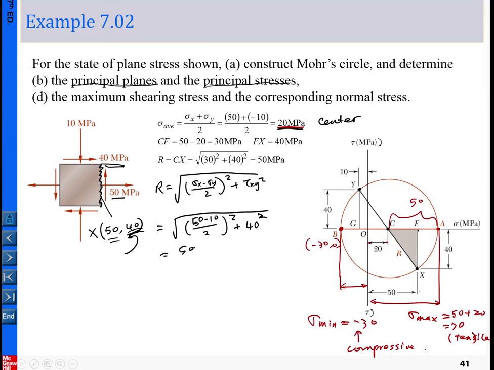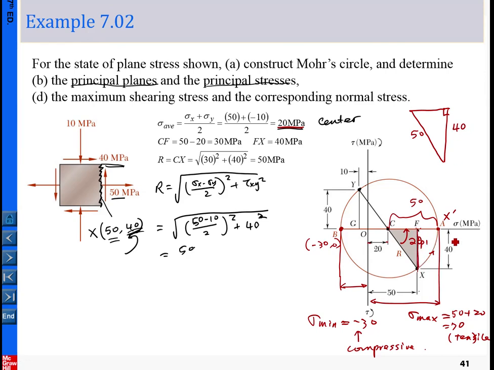And for the orientations, you can simply pick one direction. For example, you pick this direction, so x moves to x prime. Let me call this 2 theta p1. 2 theta p1 can be determined from the shaded triangle here. For the shaded triangle, R is 50, and this side is 40.